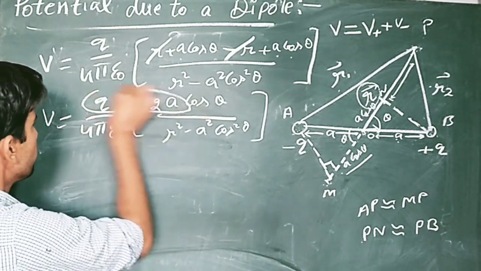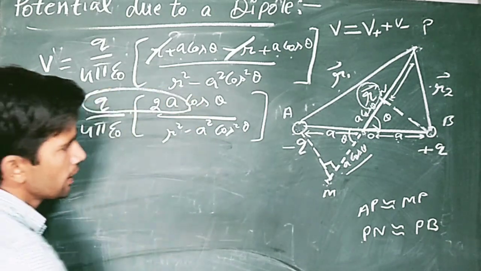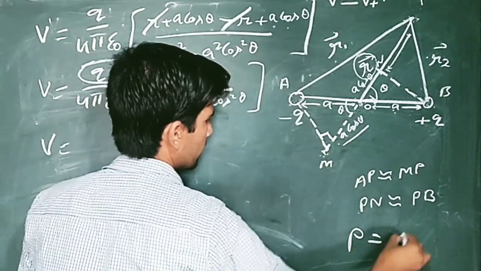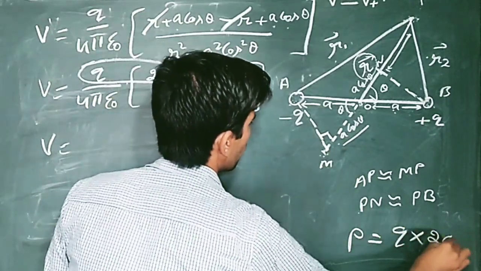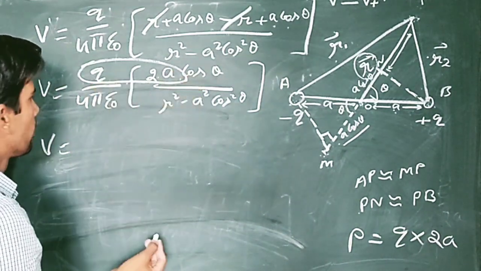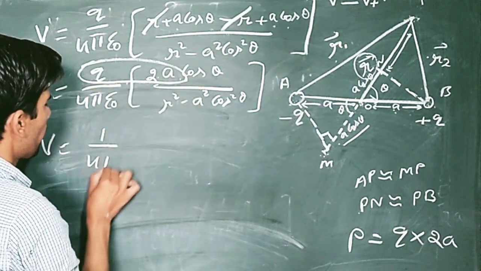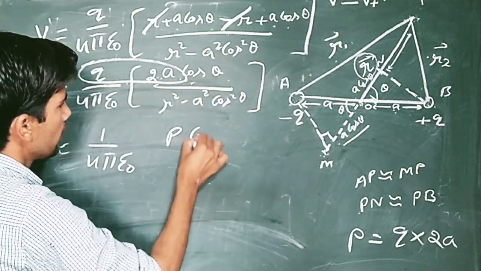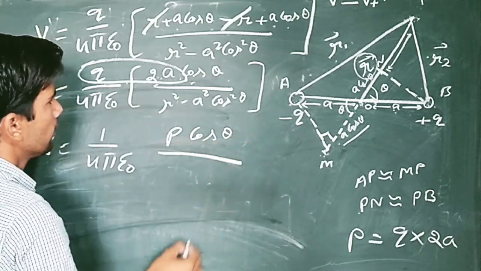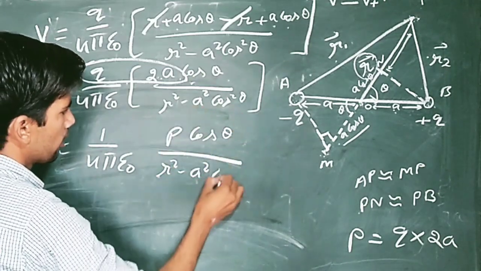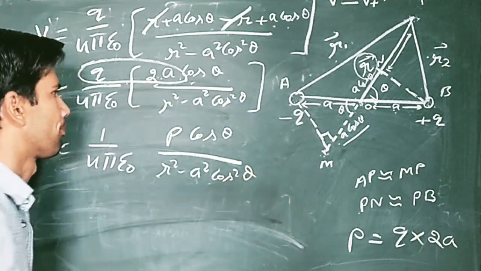Now q into 2a is p, which is the product of charge q and 2a. Then V is 1 by 4 pi epsilon naught, q into 2a, that is the dipole moment p, cos theta, divided by r square minus a square cos square theta.